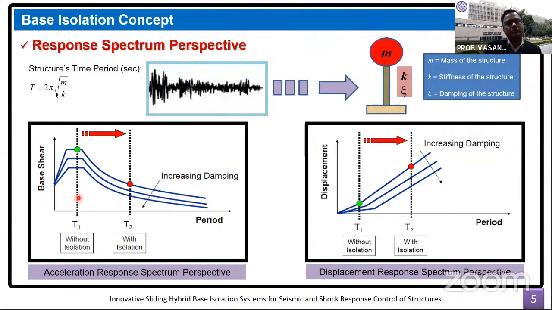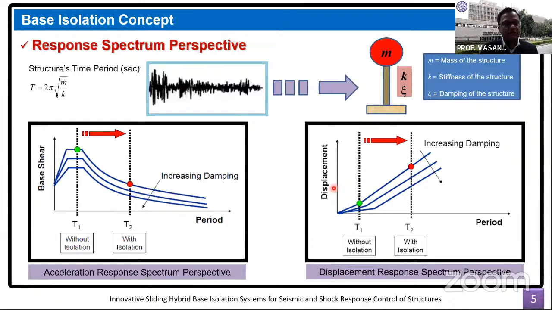And our objective would be to elongate that time period to maybe about 3 seconds plus or minus, depending on the choice of the designer. Corresponding to the large displacements associated with the elongated time period, we need to also design the damping so that the displacements are controlled without affecting the seismic forces.